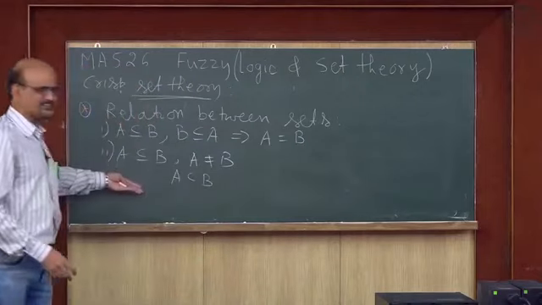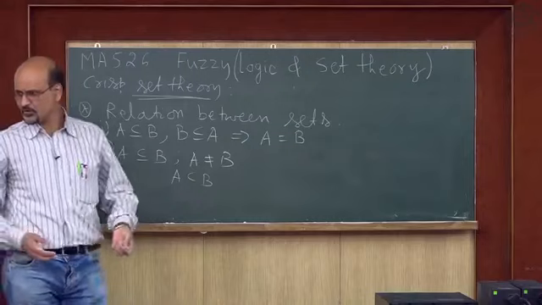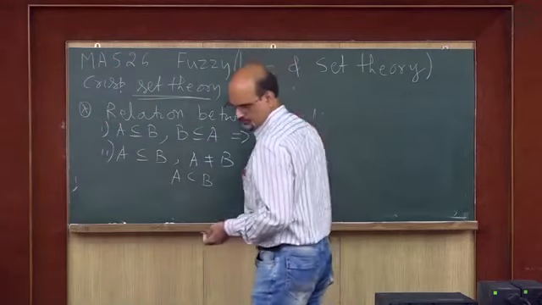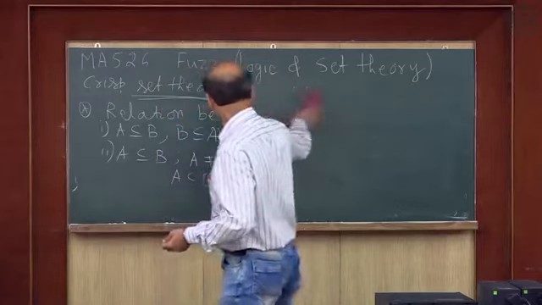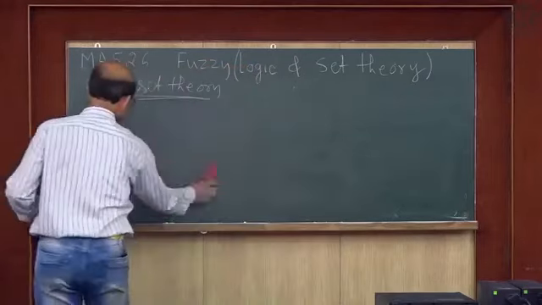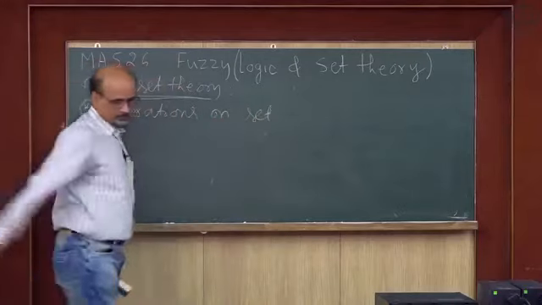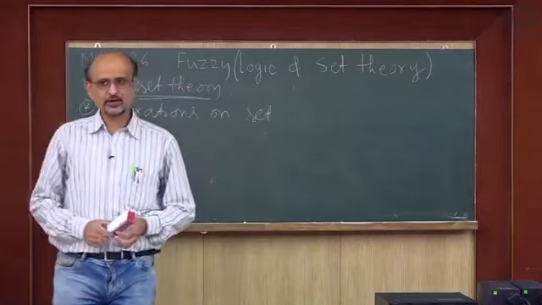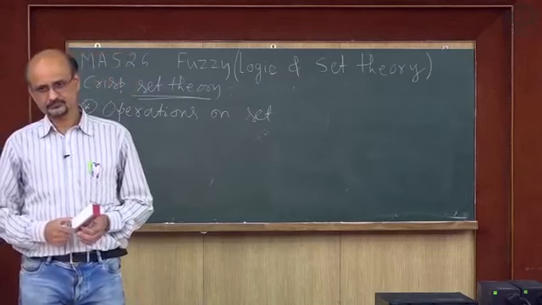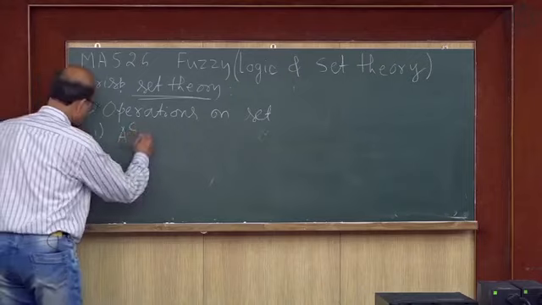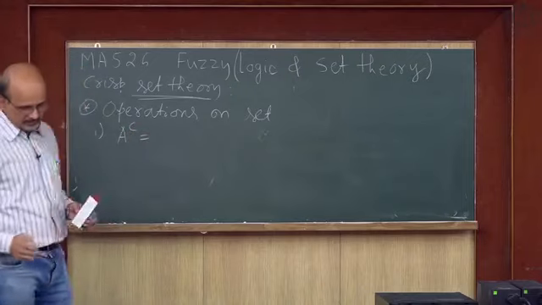There are other relations that you will see later when we do them one by one. Now, operations on sets. First is complement. I can write this as A complement. What is A complement?